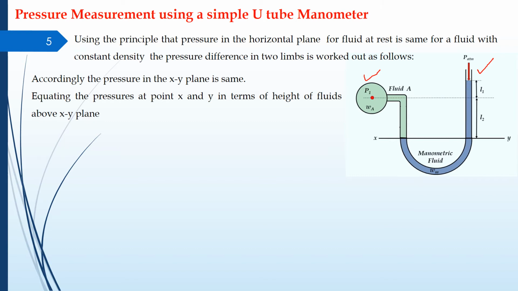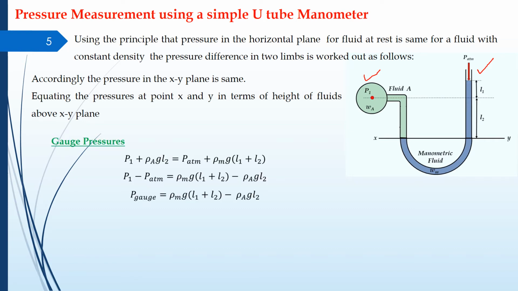So accordingly, the pressure in the XY plane will be the same. We will try to work out the pressures acting on this part, and the pressure acting over here will be equal to the pressure acting over here by virtue of the fluid in this limb; we will try to equate that.